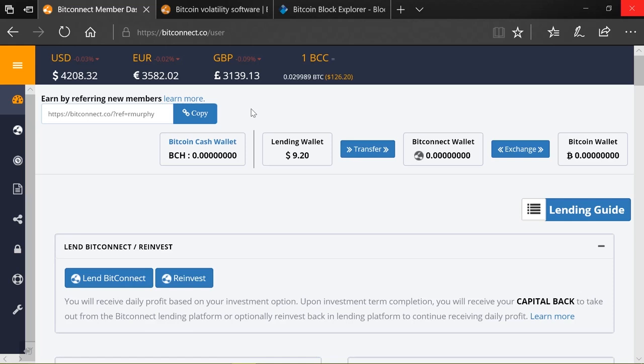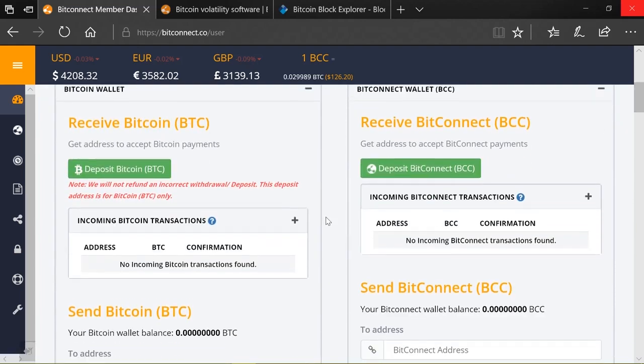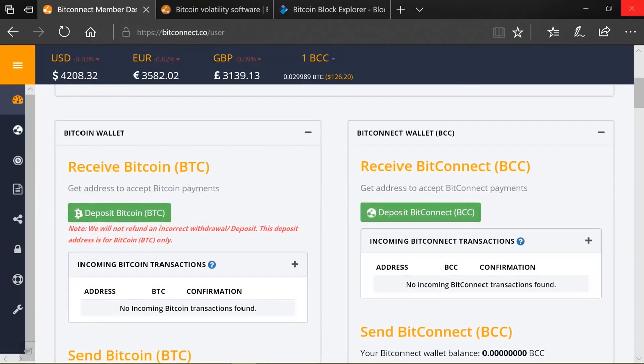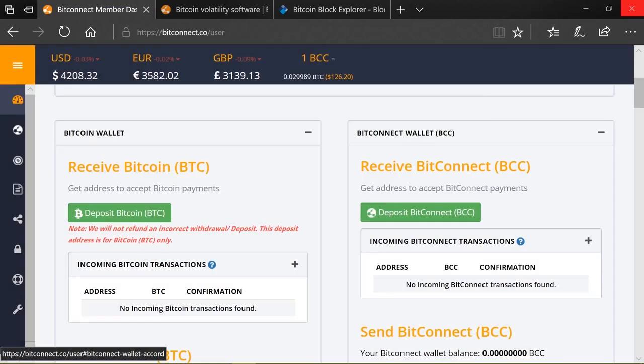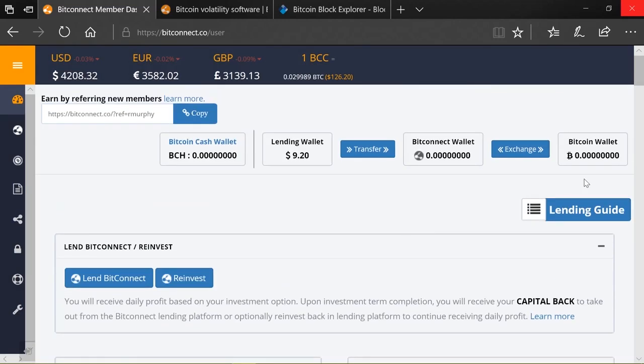For bringing in your Bitcoins, you go to the receive Bitcoin button here, paste your destination address, and go send Bitcoins. Once you have your Bitcoins, they will appear in this section here. You see that I don't have any, because whilst it's in this area you are not earning any interest.